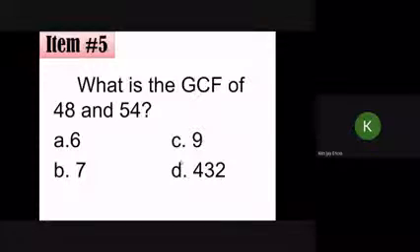What's the GCF of 48 and 54? Is it A, 6; B, 7; C, 9; or D, 432? Now, when we speak about GCF, it's the acronym for greatest common factor, which is the largest natural number that divides two or more given natural numbers.